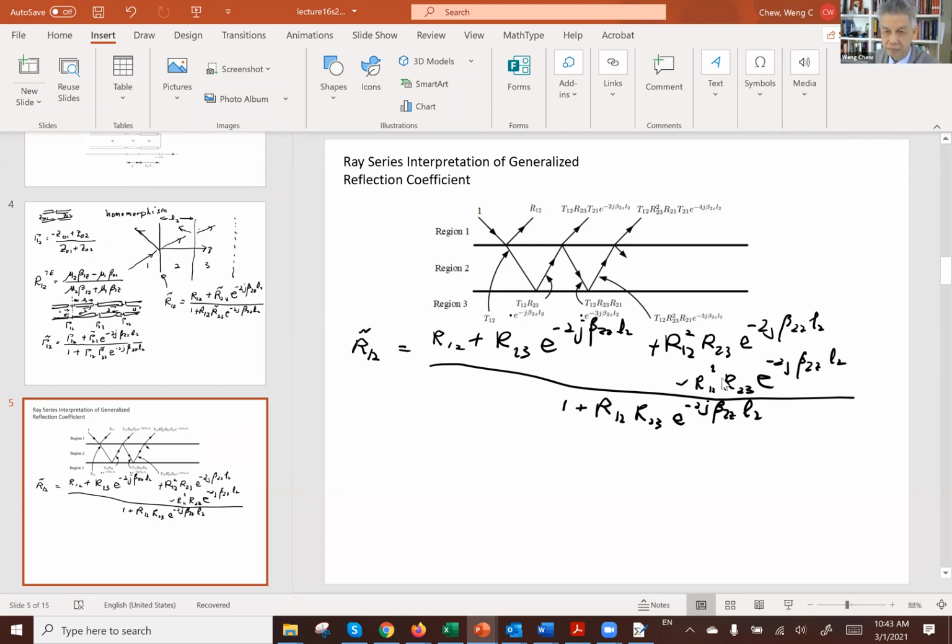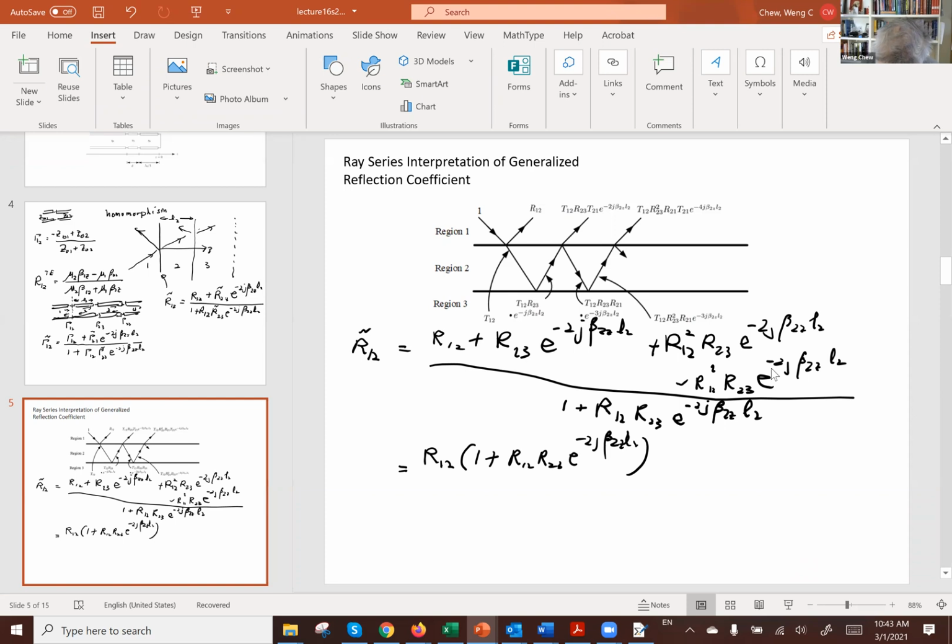So if I put this together with the first term, what I have then is the fact that the first term and this term that I have added in can be written as R12 times 1 plus R12 R23 e to the minus 2j beta 2z L2.